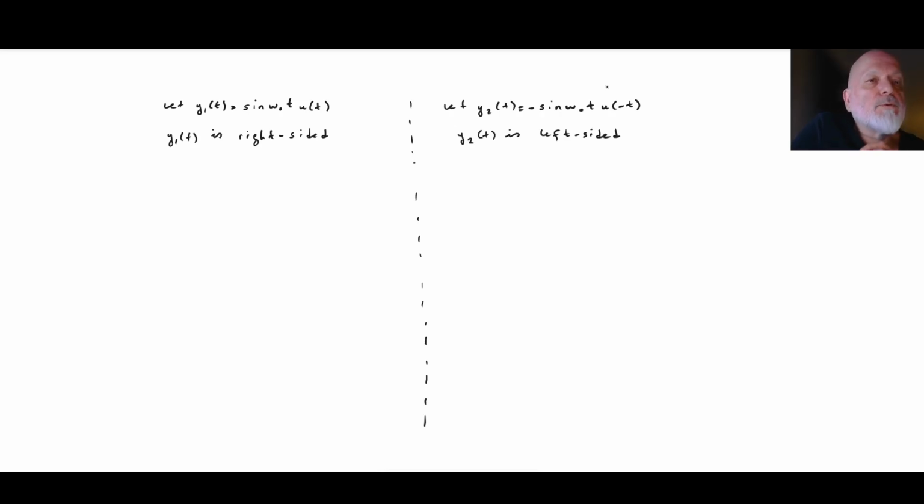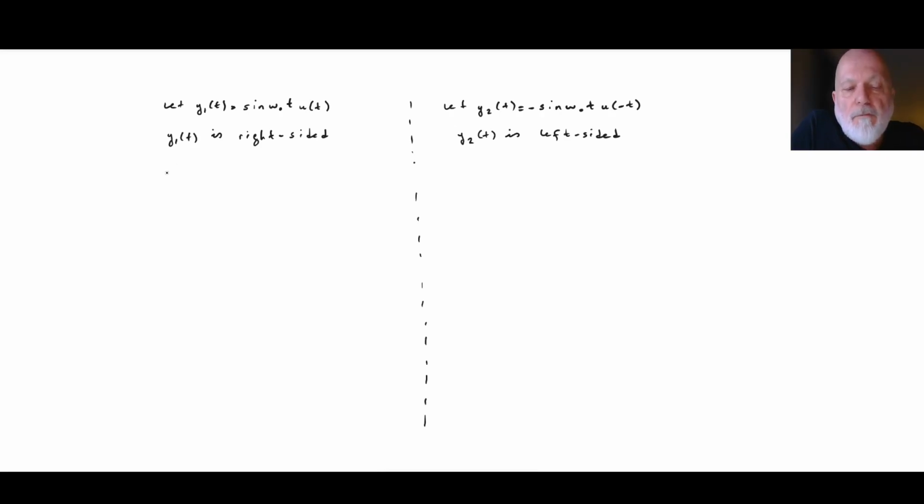Instead, we are going to express y1 of t and y2 of t in terms of complex exponential signals and evaluate the Laplace transform by using the Laplace transforms of those complex exponential signals.